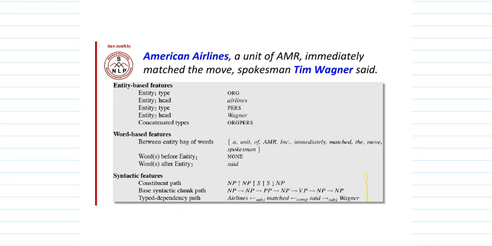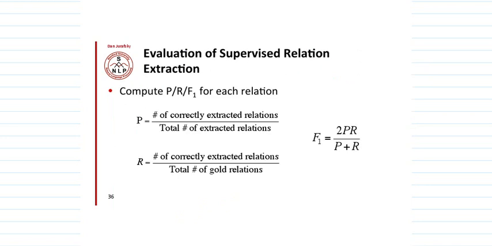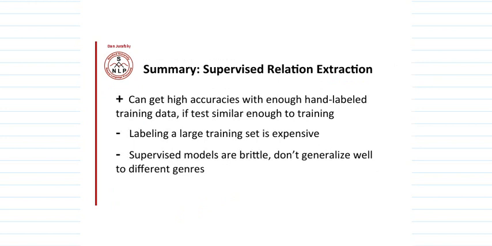Once we get the features, we just need to train a simple classifier, and then evaluate that classifier. In summary, these machine learning algorithms do have very high accuracy when we have enough hand labeled data.